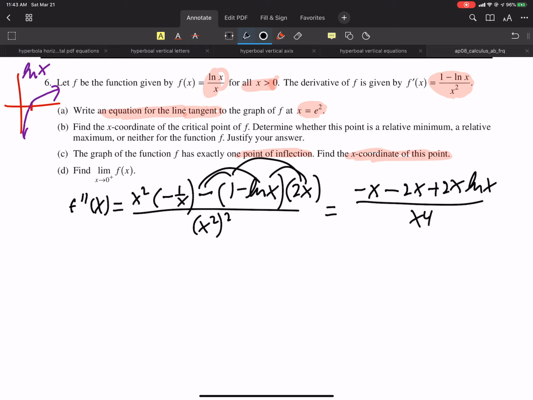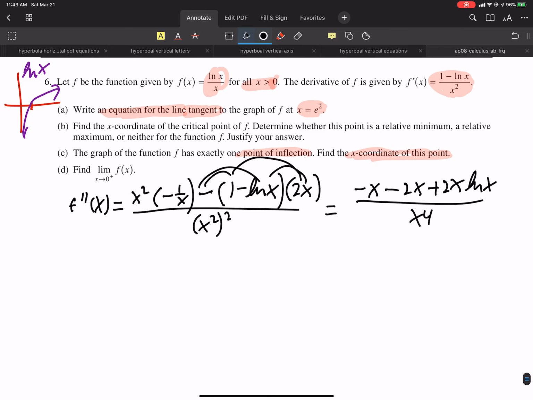So we again need to find where this is 0 or undefined. The undefined is going to be 0, which is not part of our domain, so we're not even going to look at that. So at this point, we're going to set the numerator equal to 0.